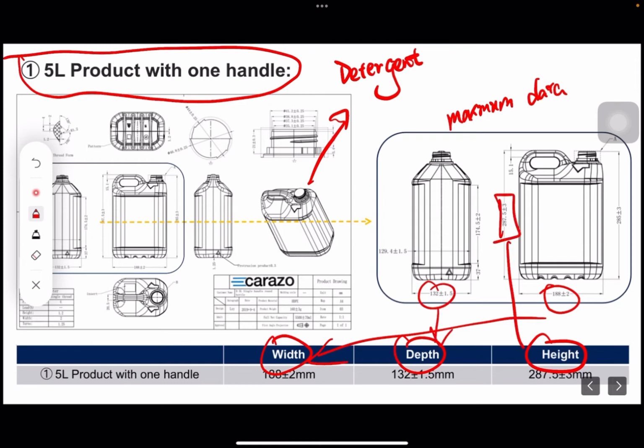Yes, this one. Normally, the top with handle is much higher than the neck, because the neck has some space for the cap. So normally, this part will be higher. Okay, next page.